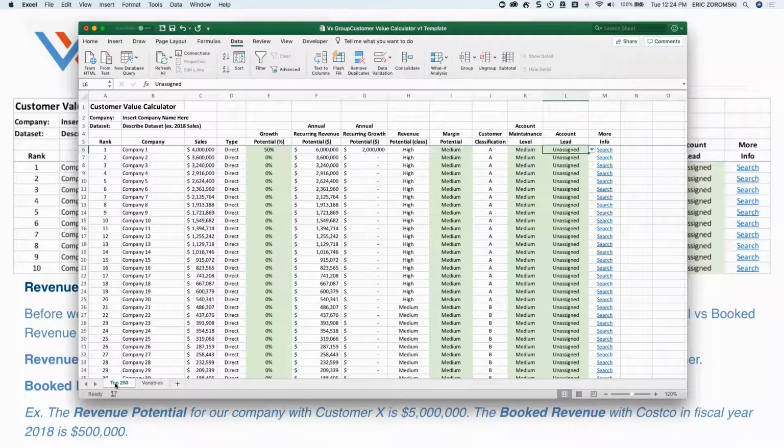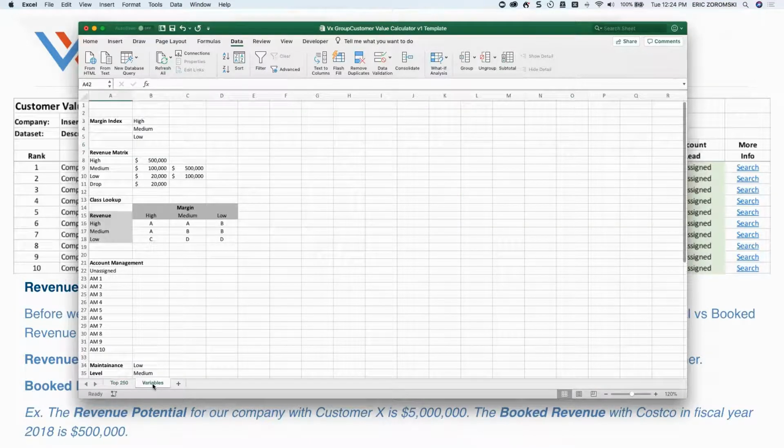You'll see this tool is set up to do the top 250. Getting through the first 100 is daunting, so it's not an exercise you're going to do on all of your customers. The goal in most cases would be to do it on your 20% that produce 80% of your revenue. But it's set up to do the top 250 customers.